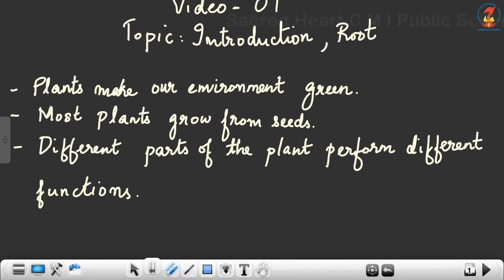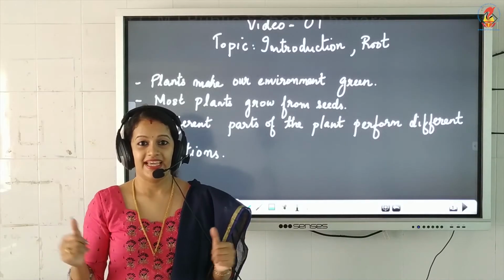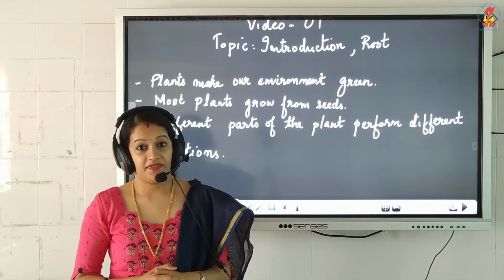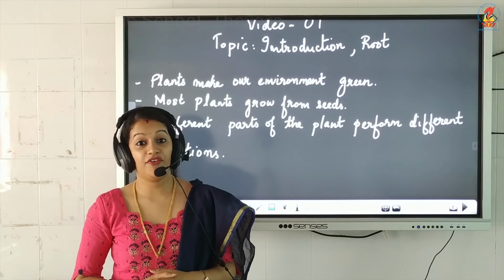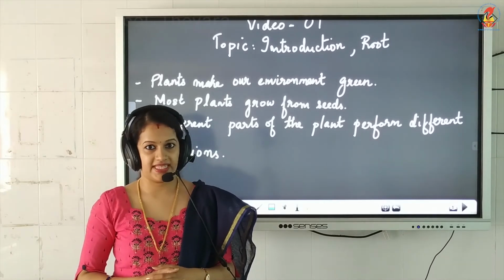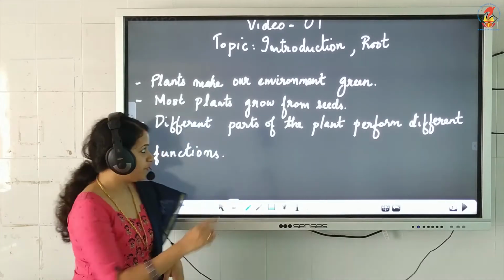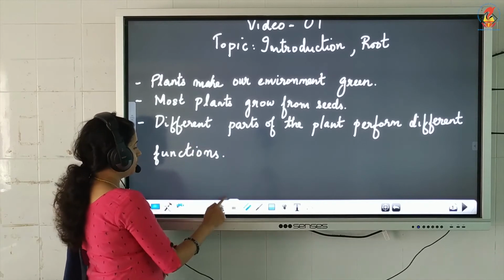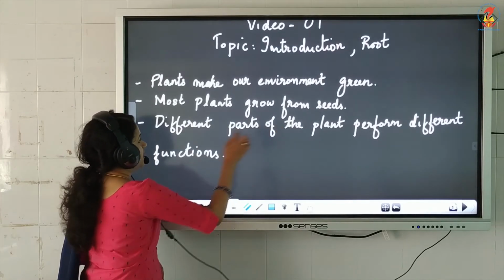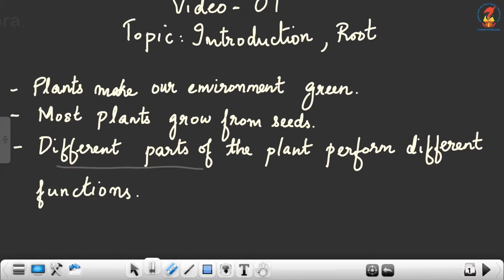So, as human beings, we have different body parts, isn't it? Being a human being, we have hands, legs, head, etc. The same way, plants also have different body parts. And each of the different parts of the plant performs different functions.